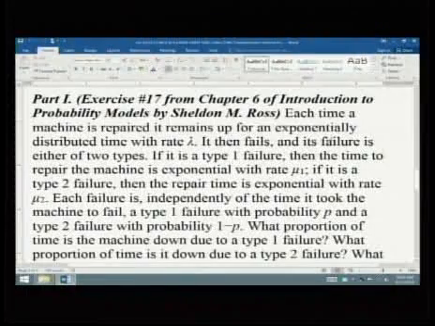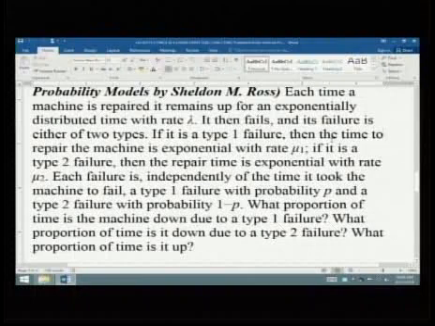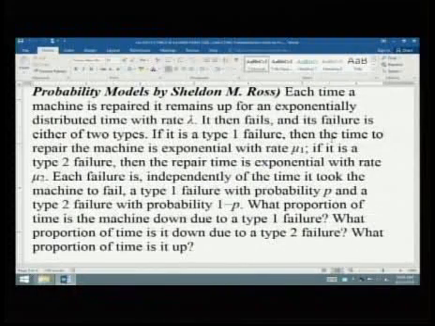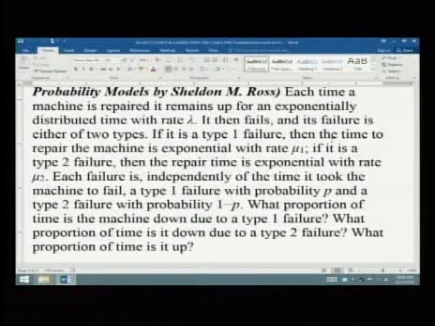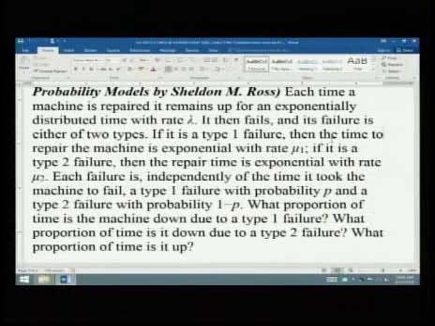Then there are a series of questions we're going to answer. What proportion of time is the machine down due to type 1 failure? And what proportion of time is it down due to a type 2 failure? And what proportion of time is it up?